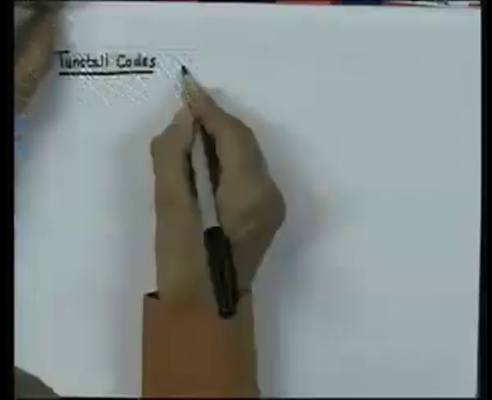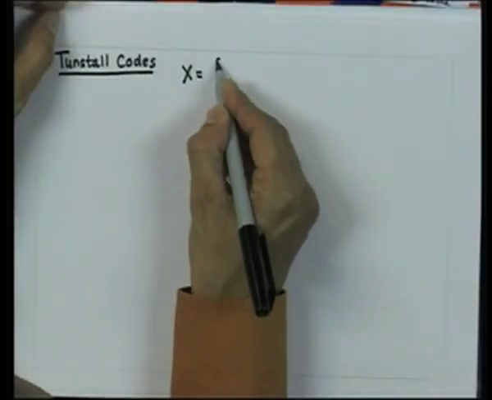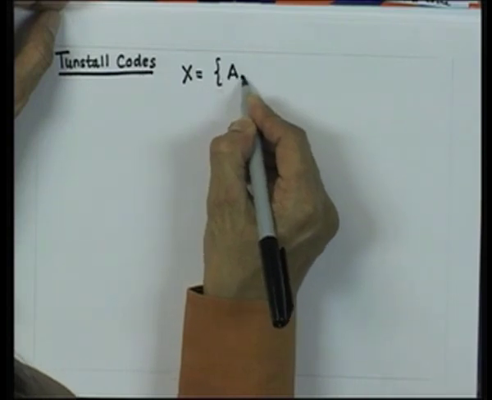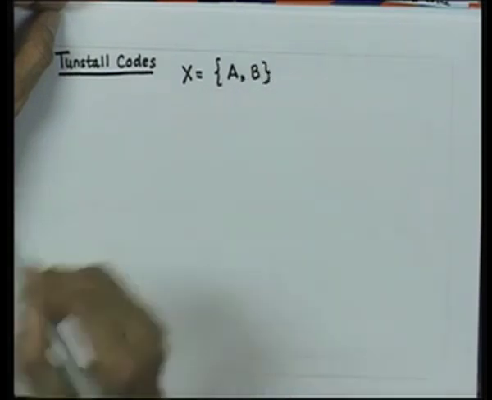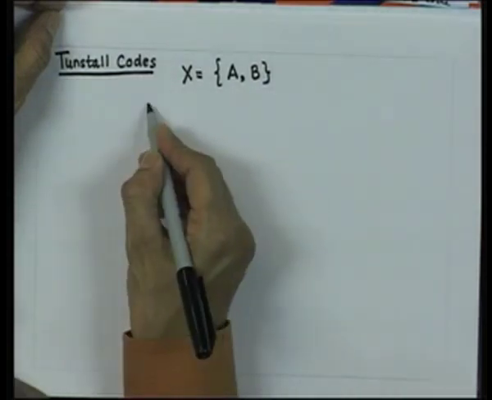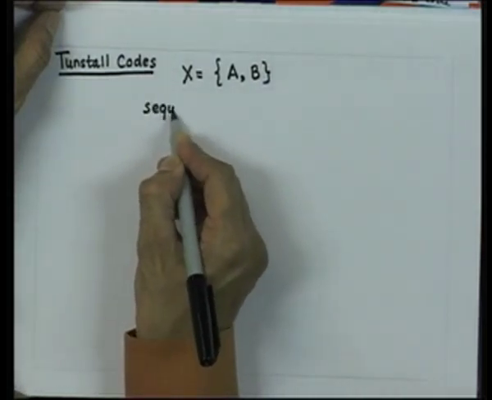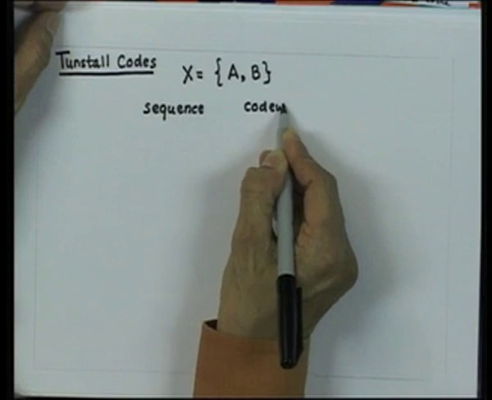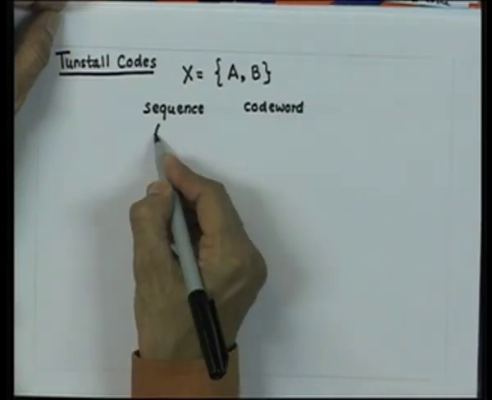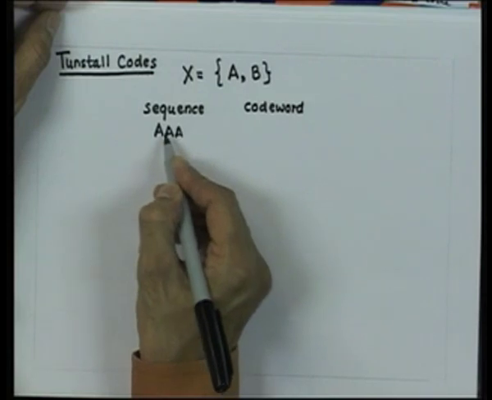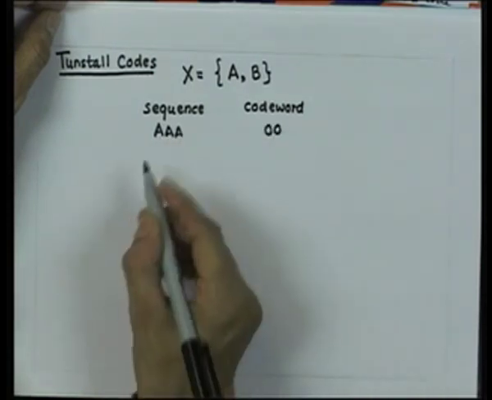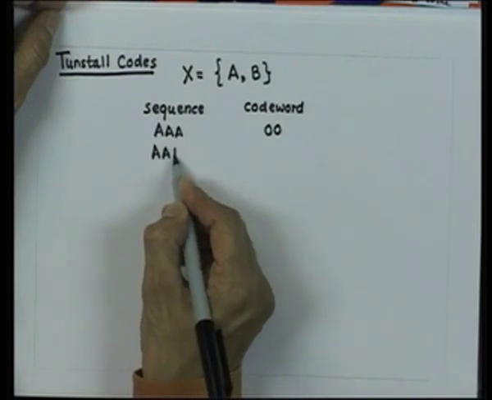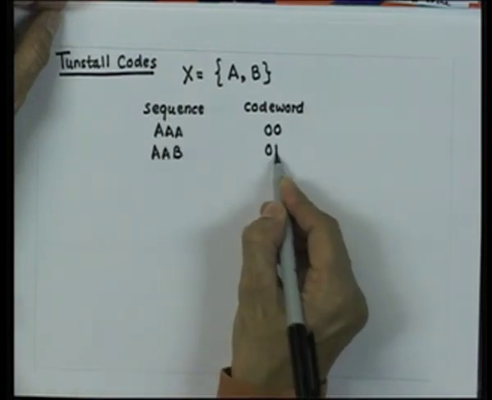An example of a 2-bit Tunstall code for an alphabet X given by, say, A and B would be shown in this figure. I have a sequence and a code word. So if I have a sequence AAA, the code word would be 00. If I have a sequence AAB, the code word is 01.